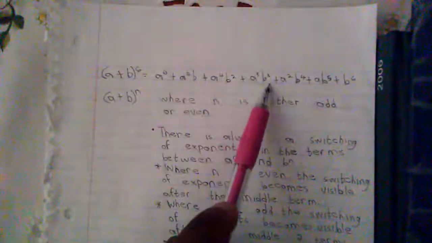Since there are 7 terms, our middle term is going to be a to the 3rd b to the 3rd, because there's an equal gap of 3 on either side: 1, 2, 3, and another 1, 2, 3, and then we come to the middle term. So this proves again that in the middle term, when n is even, a and b are powered by identical halves of n.